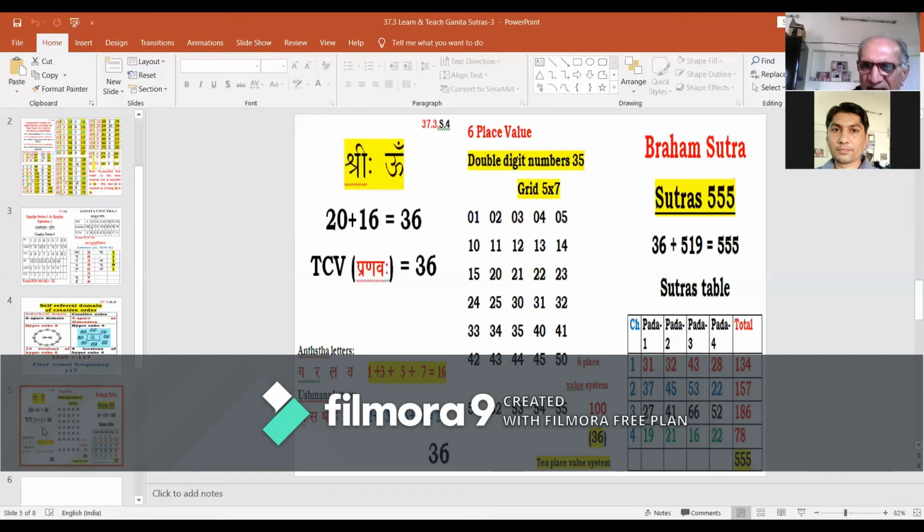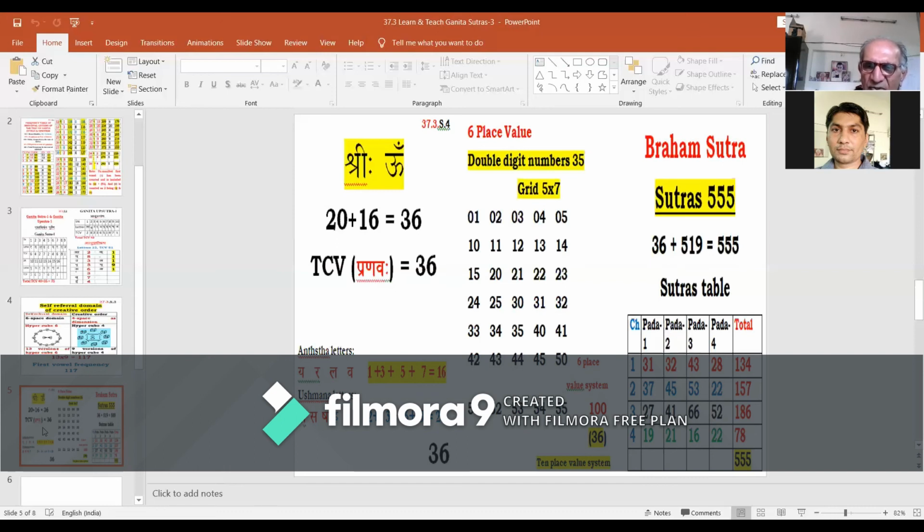This text is of 4 chapters of 4 padas each. It is this 4 cross 4, 16 format which takes us to the organization of the mathematical domain as of 16 sutras.